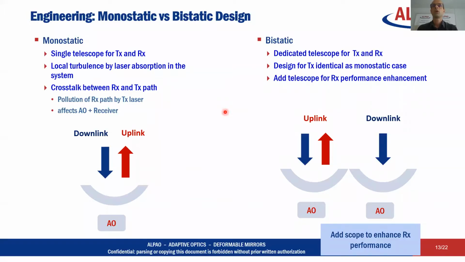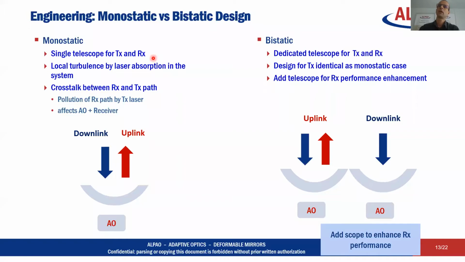There is the so-called monostatic design, where you have a single telescope and a single adaptive optics bench for the transmission and the receiving path. The problem with this configuration is that the transmitting and the receiving light have orders of magnitude of difference in power between them.